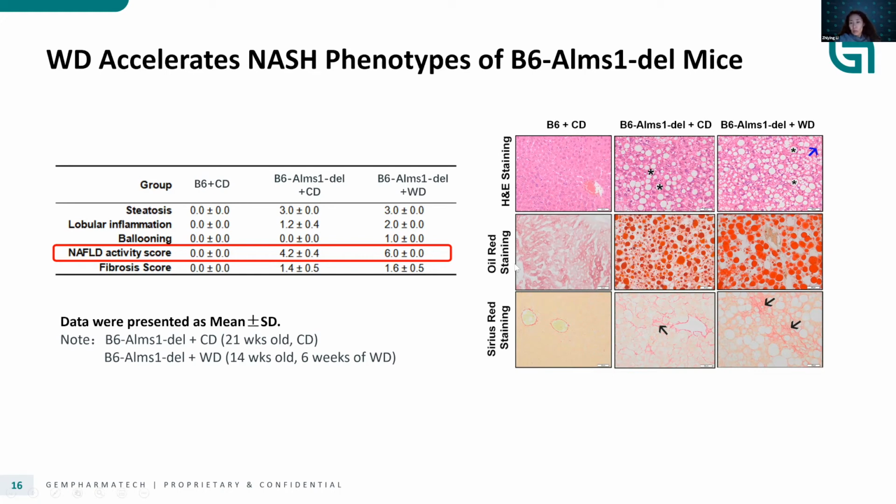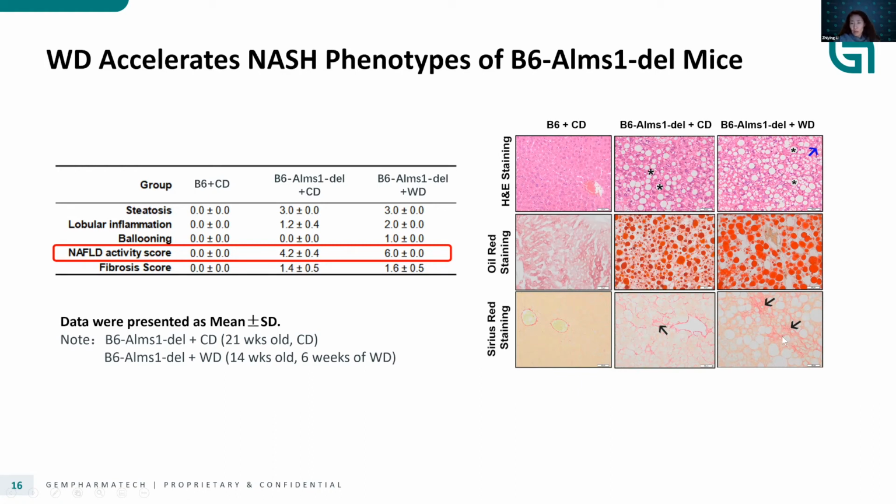The red oil staining is basically showing one more time there's a lot more fat accumulation in the mutant animal eating the Western diet. And finally, the fibrosis is shown in the bottom panel.